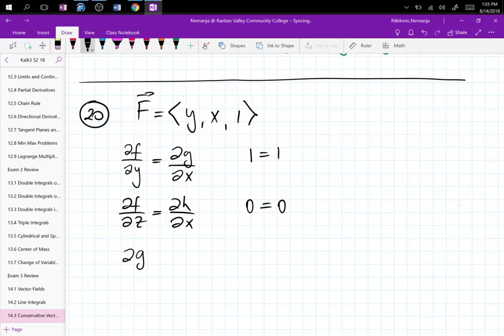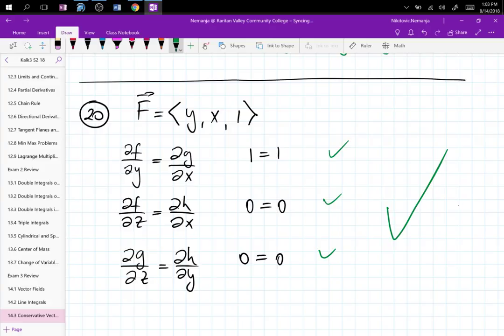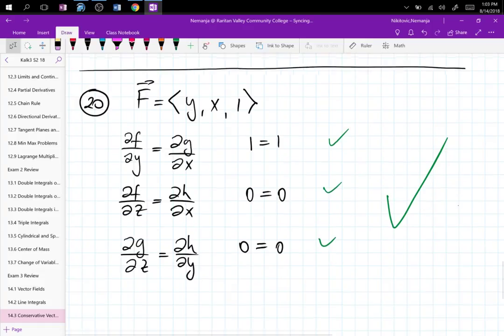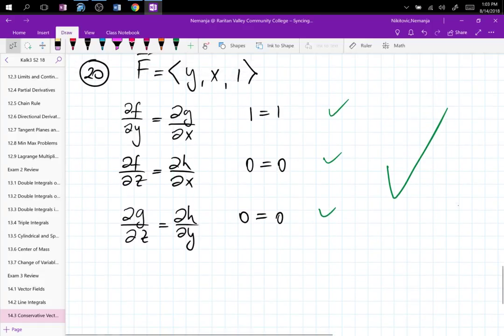Partial g, partial z, partial h, partial y. So partial g, partial z is 0, and then partial h, partial y is 0. Great. Check, check, check, big fat check. It checked on all three conditions, so we can go ahead and look for the potential function because this worked out.